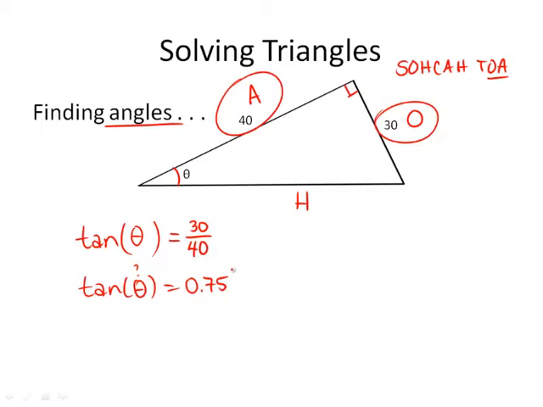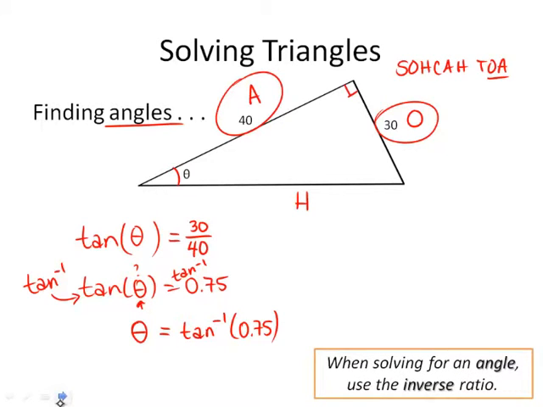So if you want to access this angle, what you need to do is tell the calculator to access it by taking the inverse operation on both sides. So what happens is we're taking theta to be tan inverse of 0.75. The inverse operation always produces us with an angle.